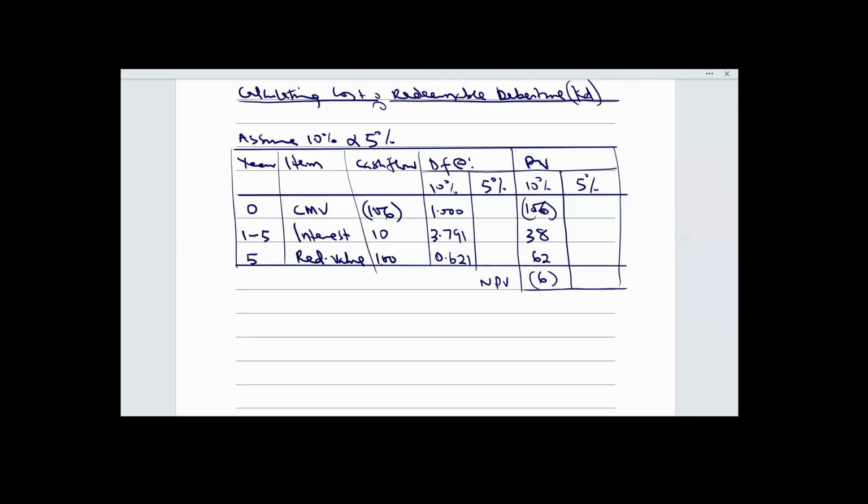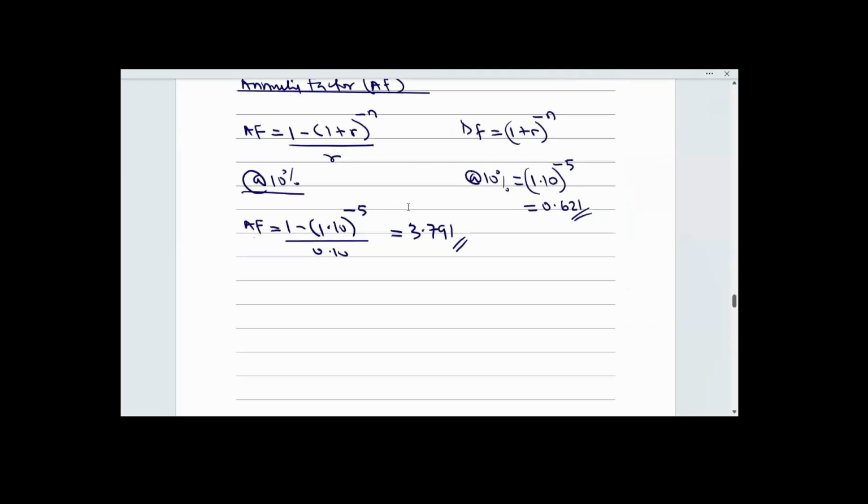So discount factor at year zero at 5% is 1. Then I need the annuity factor of year 1 to 5 at 5%. The same way we calculated the 3.791. So instead of 10%, it will be 1 minus 1.05 raised to power minus 5, divided by 0.05.